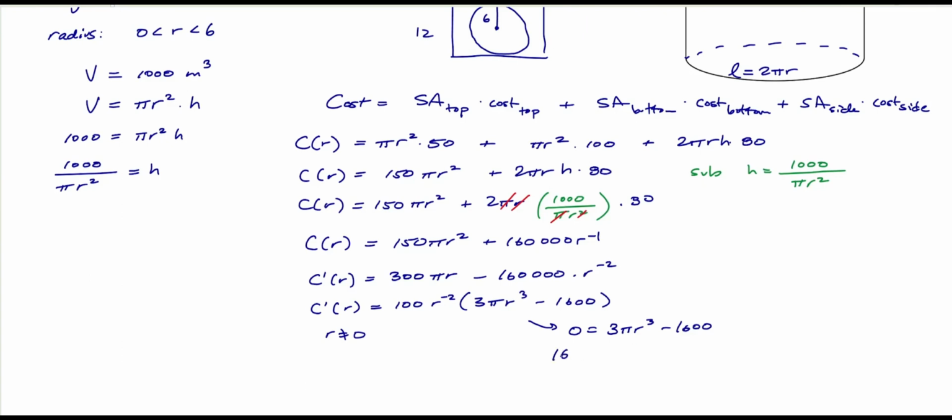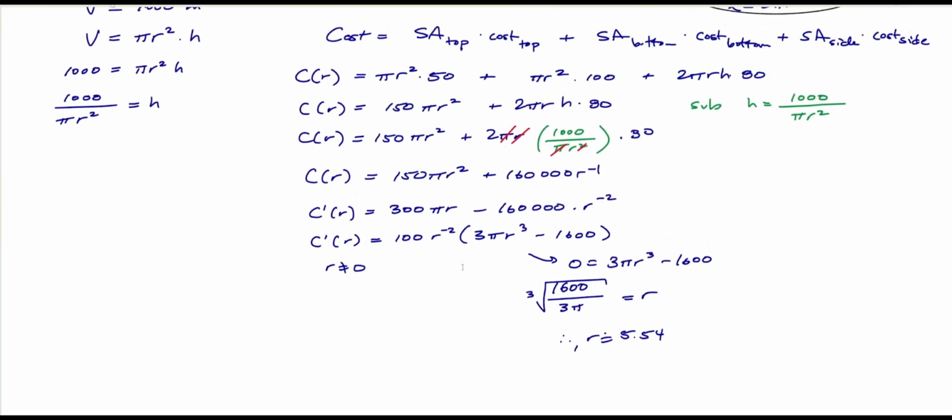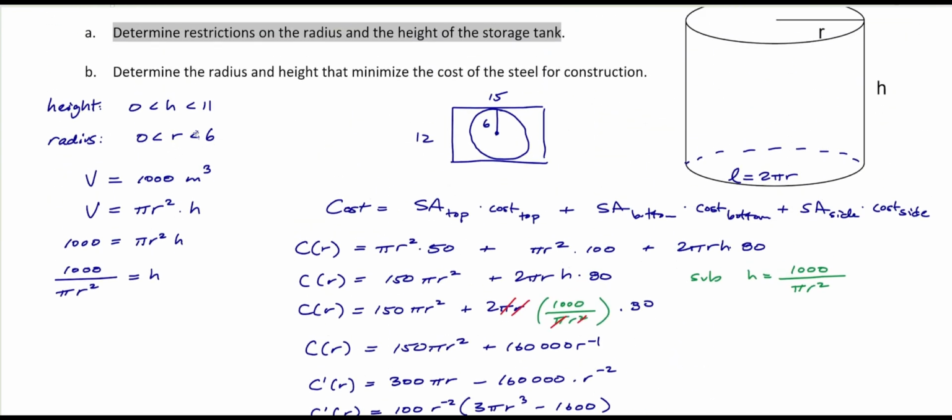So I've got 1,600 all divided by 3 pi, and then I'll take the cube root of that to get my r value. I get an r value that is approximately equal to 5.54. Just as we did in the previous question, I'm going to check that 5.54 is within my restricted values. It certainly is, so it's within the domain.